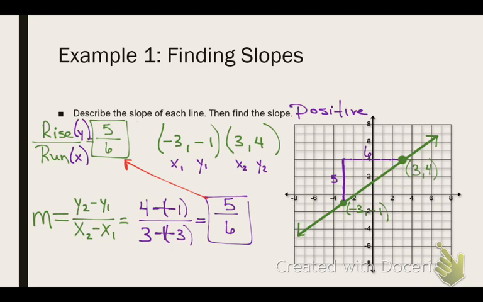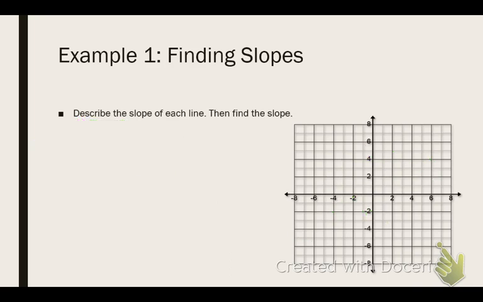All right, so here's our second one. Now we have another line. What do you notice first about the slope? It's negative because it's sloping down to the right from one point to the next. It's negative. Okay, so we do notice that it's a negative slope.